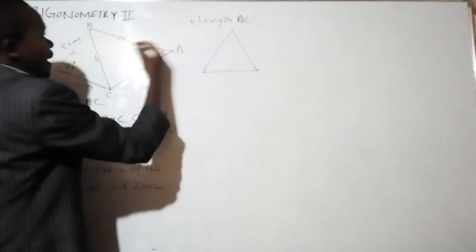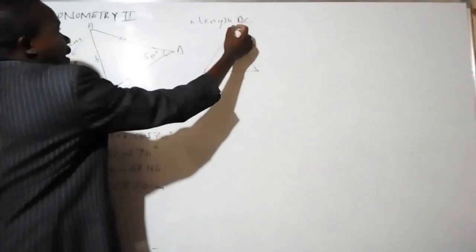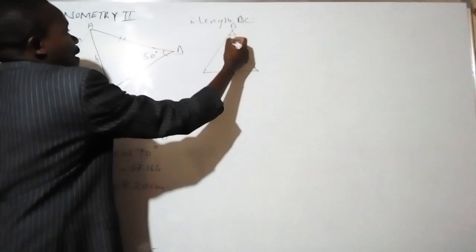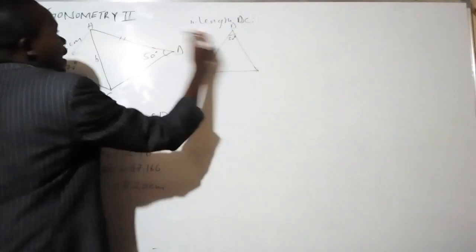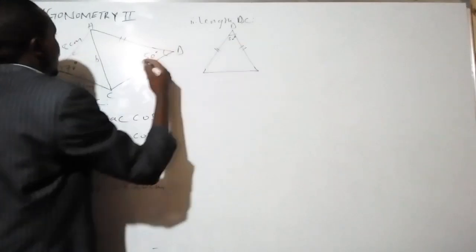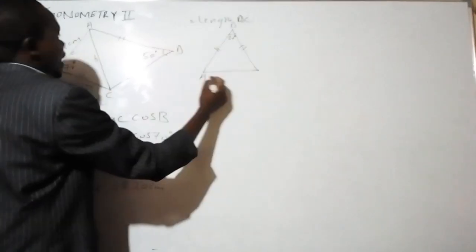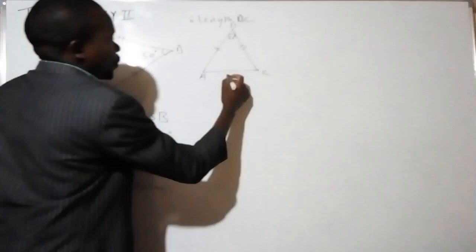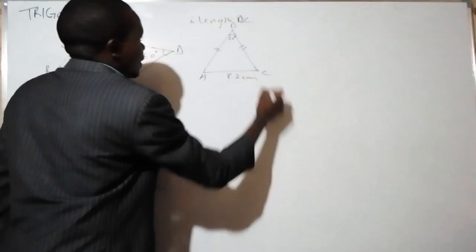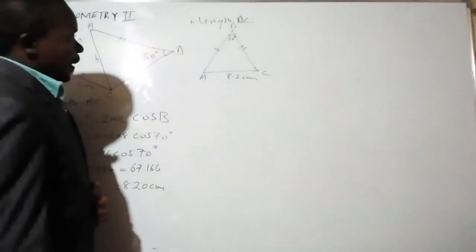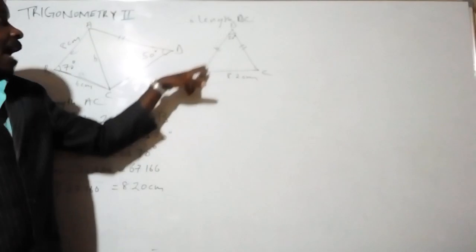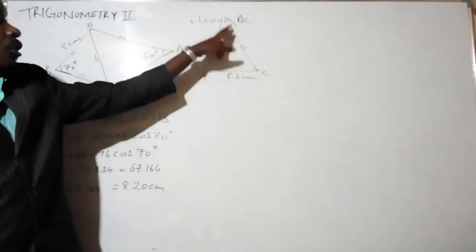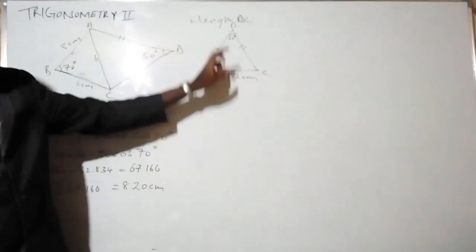We have our D there, 50 degrees. Then we have our A and C, and AC is 8.2 centimeters. First of all, angle DAC is equal to angle DCA. You know that the angles of a triangle add up to 180 degrees.